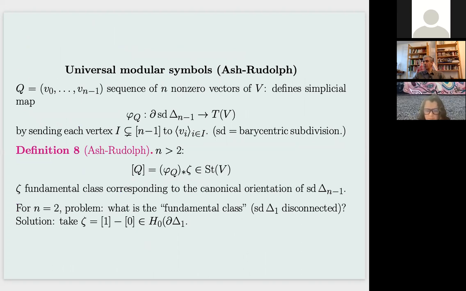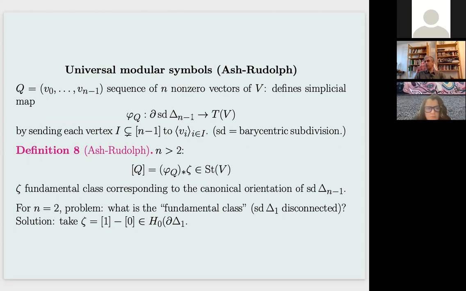And then I come to the universal modular symbols, which are defined by Ash and Rudolph in a paper of the 70s, I think. To define them, I take a sequence of non-zero vectors of V, and with this Q, I can define a simplicial map.